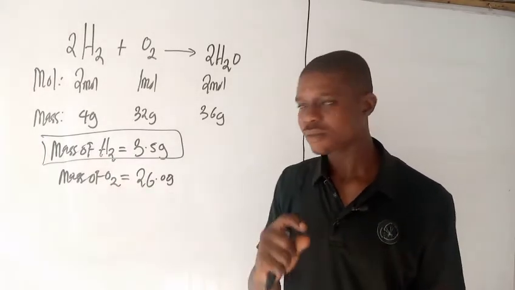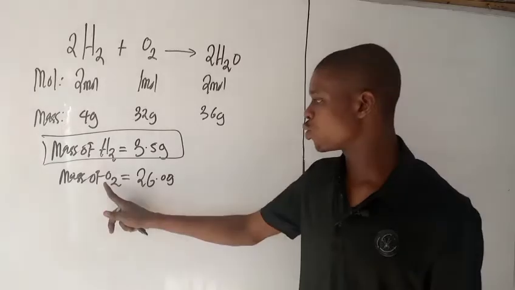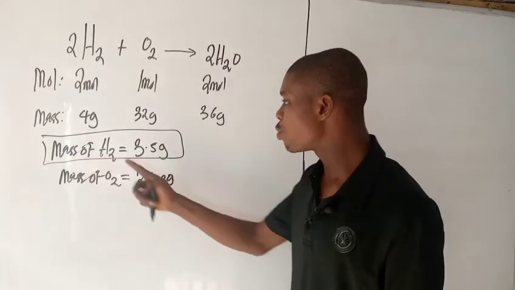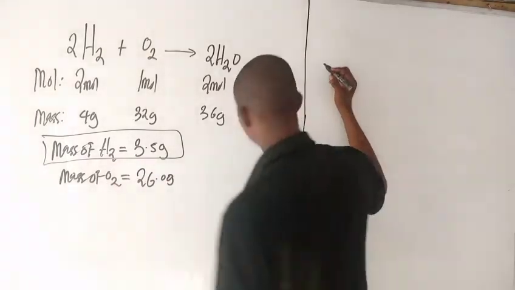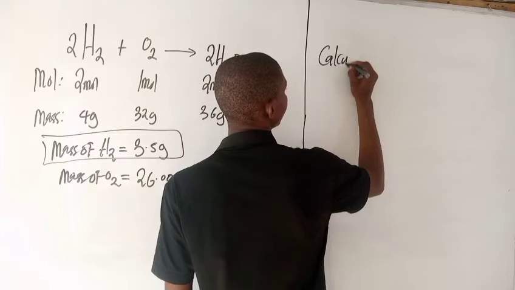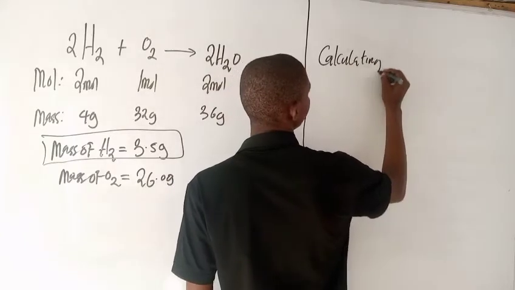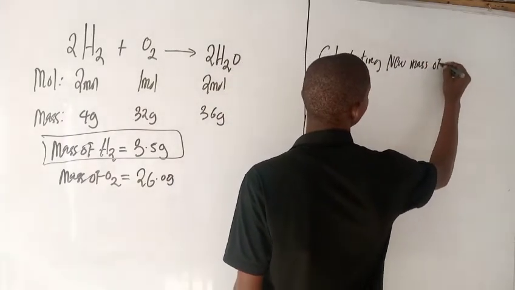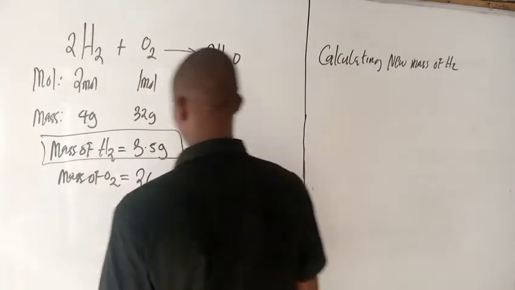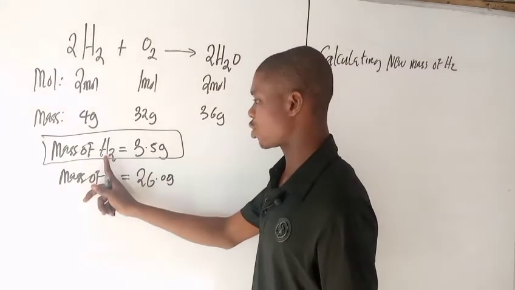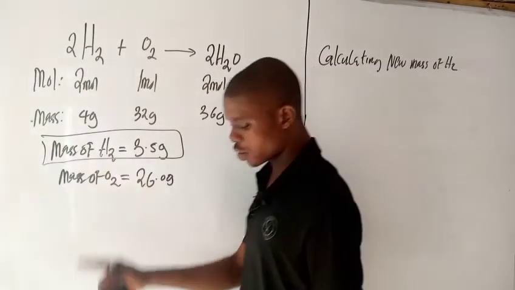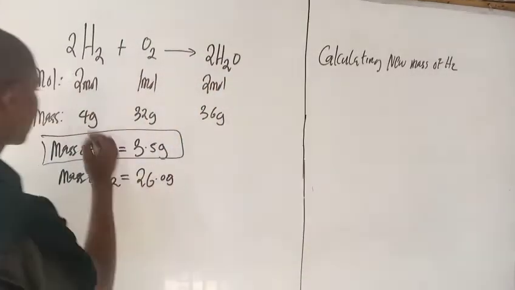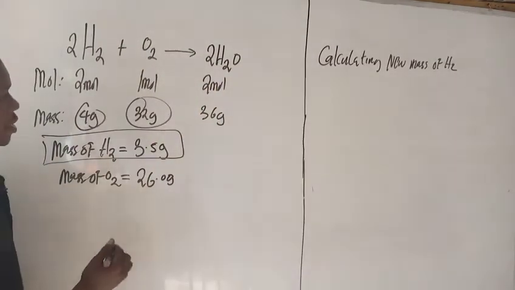Hope you understand. So if you want to calculate the new mass, here you can say calculating new mass of H2. You get. So we want to calculate the new mass of H2. Now in order for us to do that, we have to use these two here, right?